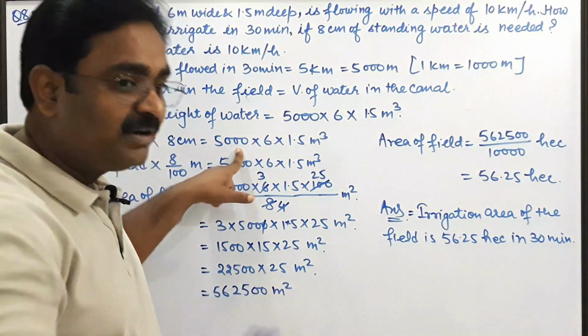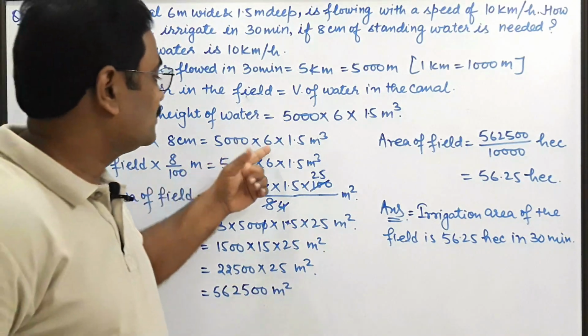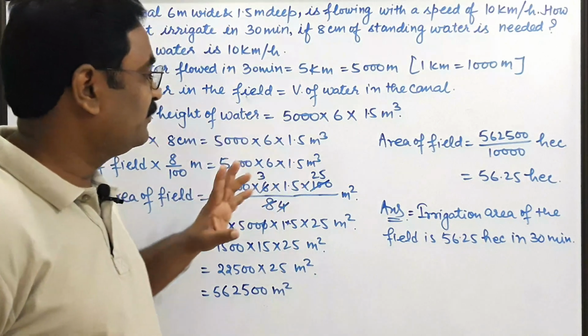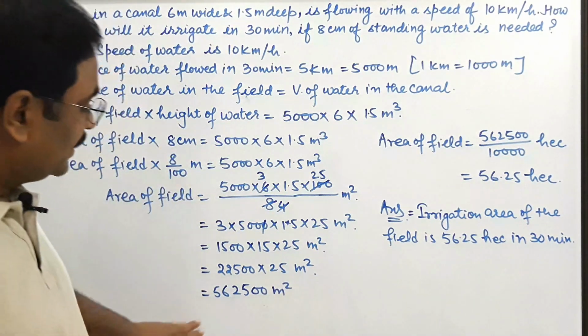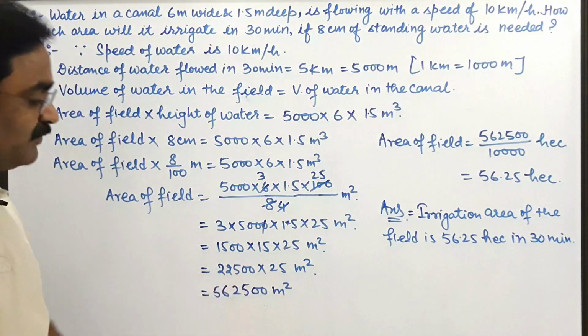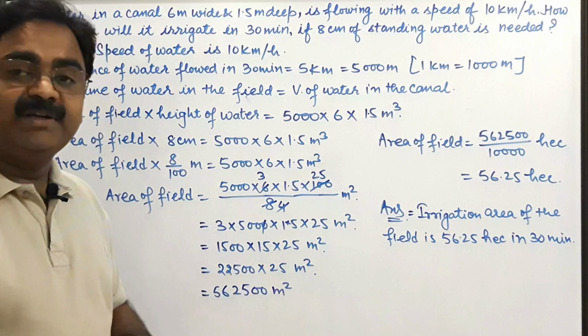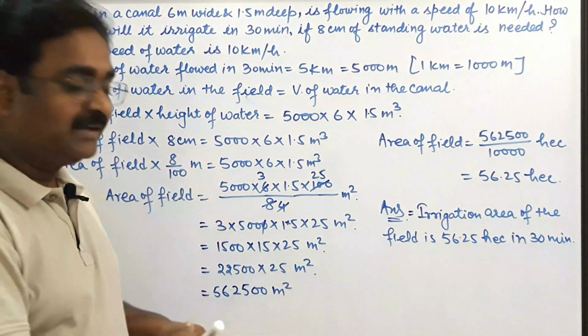is the amount of water in 30 minutes, equals to breadth, that is wide 6 meter and 1.5 meter. After calculating, we got that 5,62,500 meter square is area of the field going to be irrigated in 30 minutes from the water of that canal.